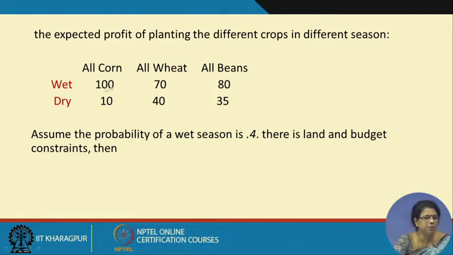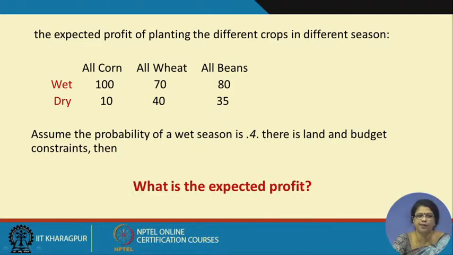You see the productions are different, the expected profits are different, because for every agricultural product we need to depend on the season. There is also a probability of a wet season. If we have the land constraint and the budget constraint, and we ask what the expected profit is, it may happen that instead of a probability value we have a probability distribution. That is how you need to handle it in a stochastic programming problem.